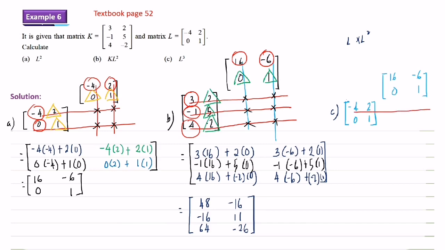Okay, so draw the line. We try to do it. First row times first column is negative 4 times 16 plus 2 times 0.